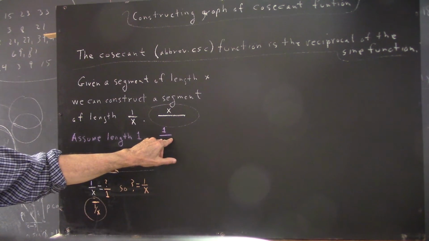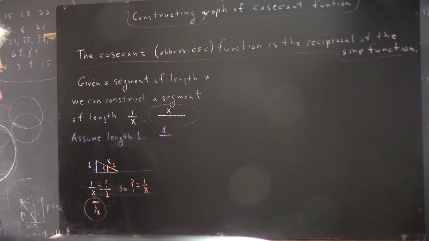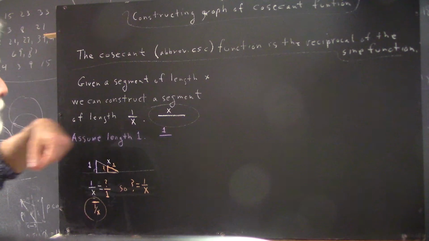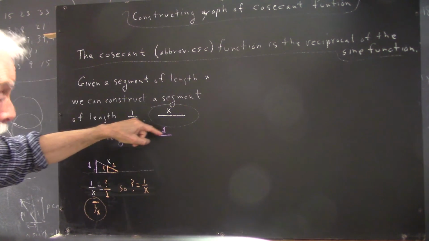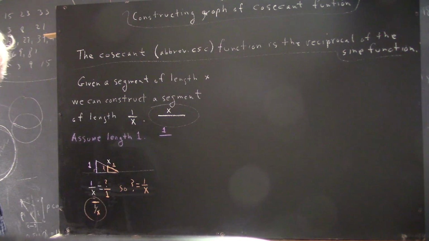The length of 1 can't be changing from one moment to the next. Once I start constructing reciprocals, I'm going to have to always use the same unit for 1. Okay, well, I'm going to proceed then to construct the cosecant graph, but I'll do that in a separate video.